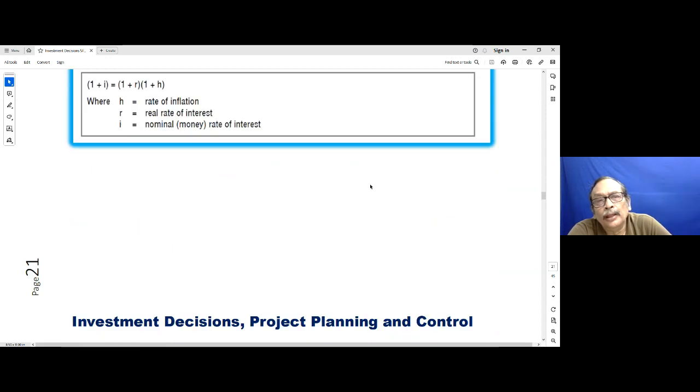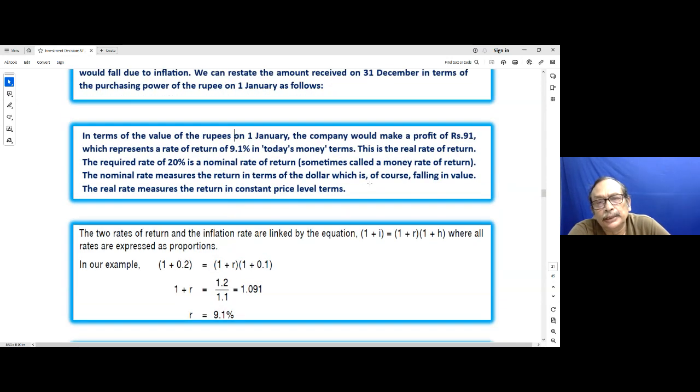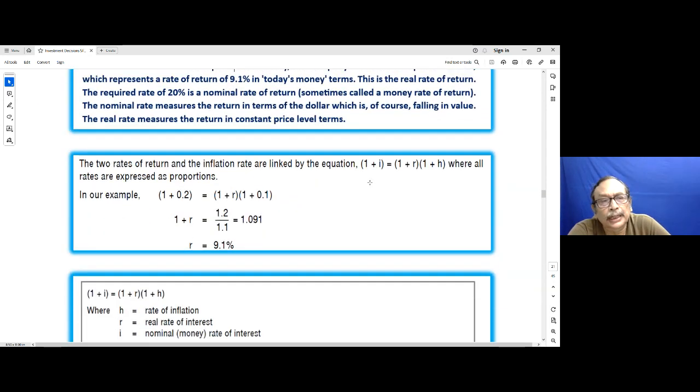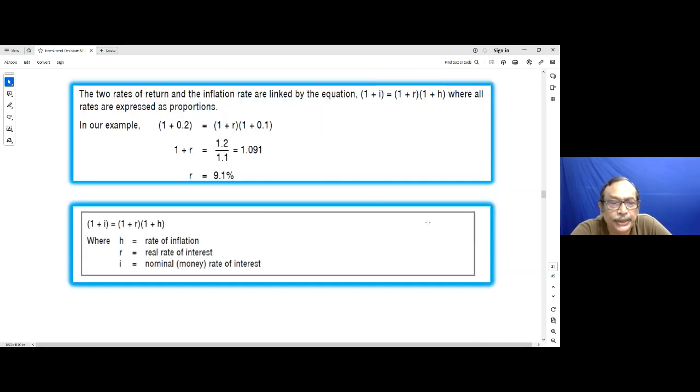Now, in inflation situations, we are going to take the formula 1 plus I is equal to 1 plus R into 1 plus H.